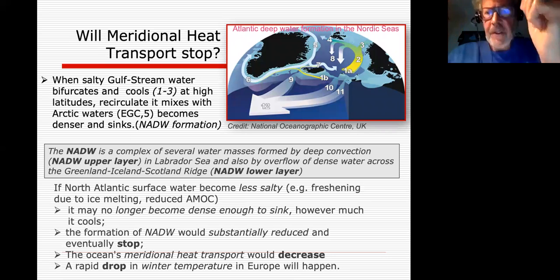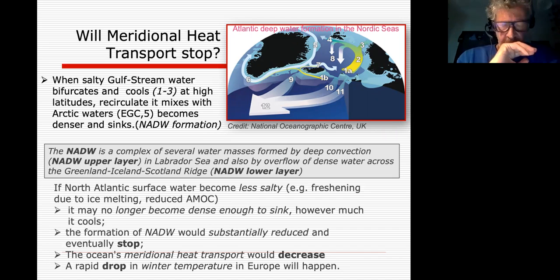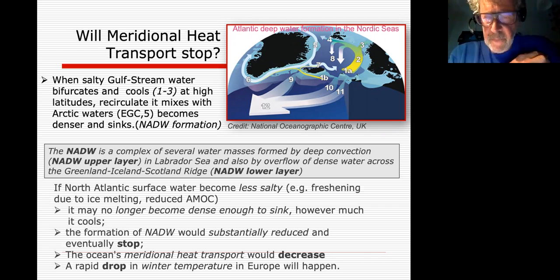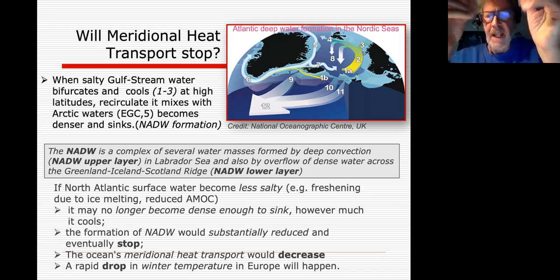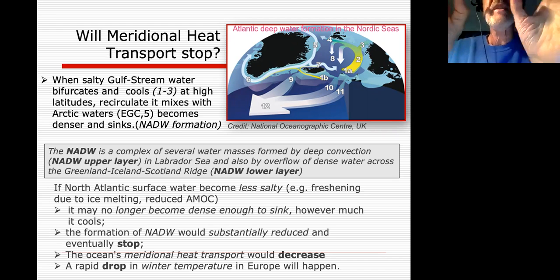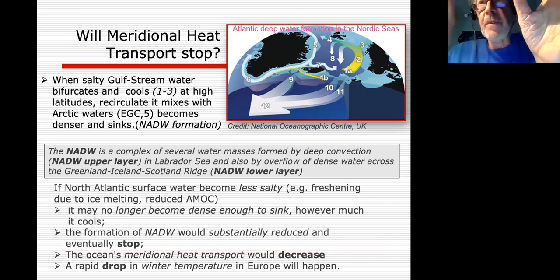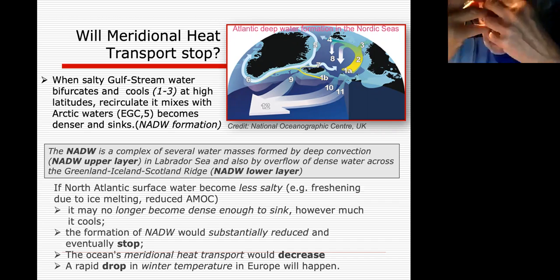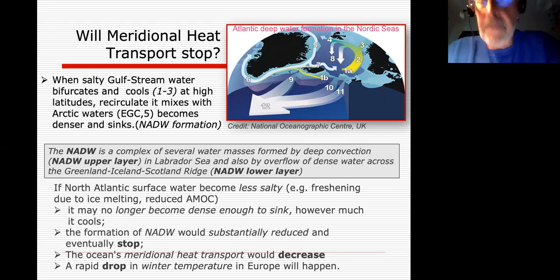The preconditioning here means that the warmer water, less dense, loses temperature, is transformed and has the right density to be cooled, to be transformed into dense water. This is the regular process.